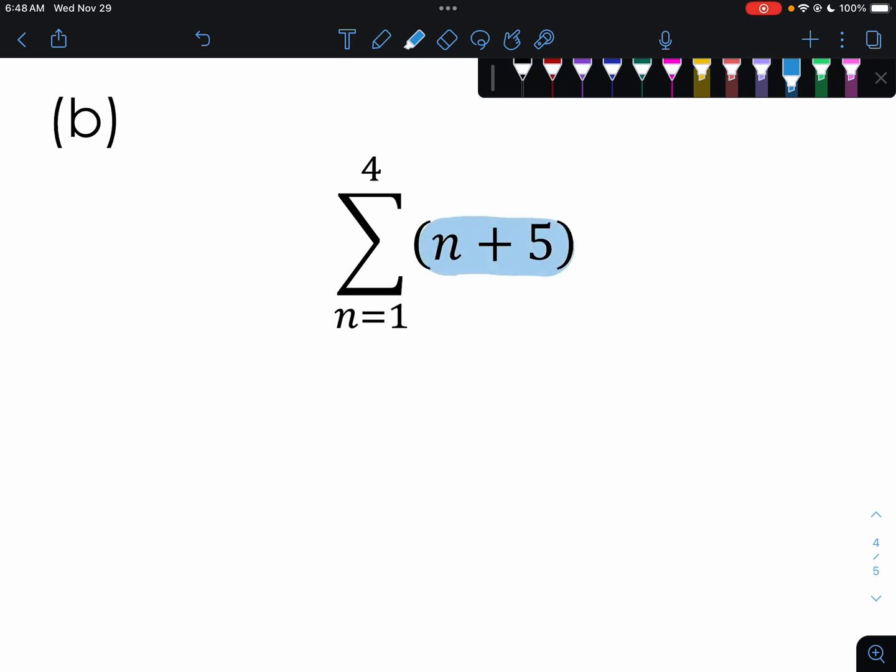So here's our function. We are plugging numbers in for n, and we're going to start by plugging in the number 1, and we're going to stop at plugging in the number 4. So we have 1 plus 5. Then we have 2 plus 5.